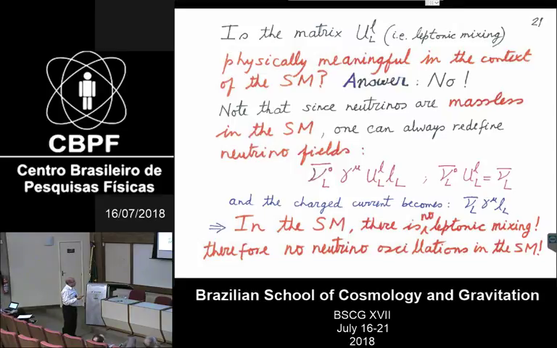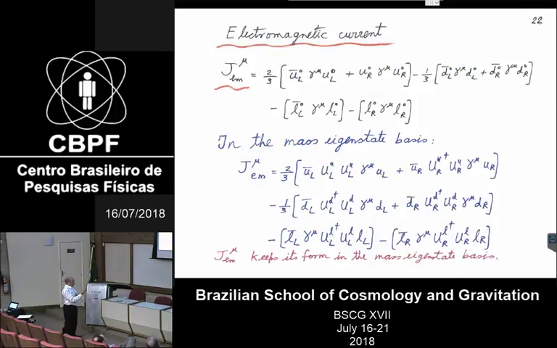Therefore, if you do that, there is no mixing, okay? This is very important: in the leptonic sector of the standard model there is no mixing, and therefore no oscillations of neutrinos.